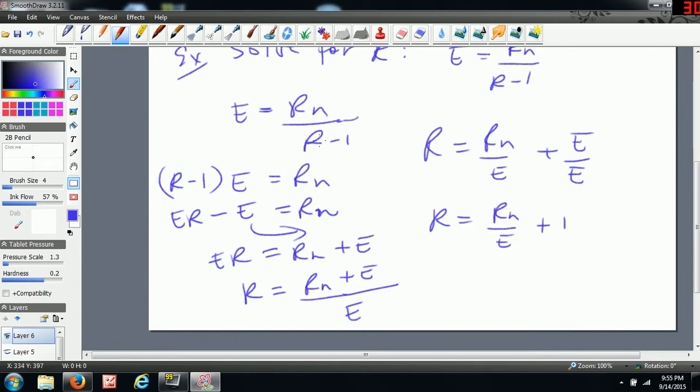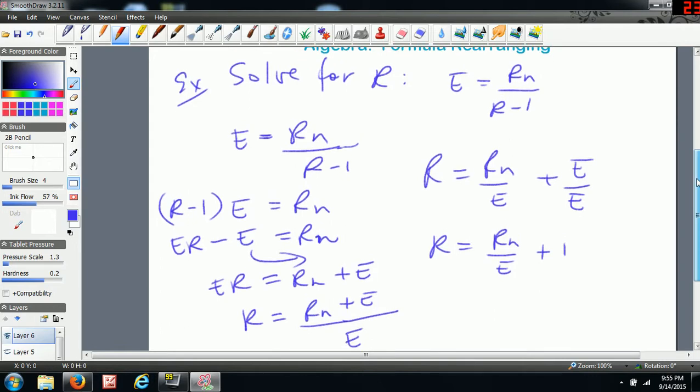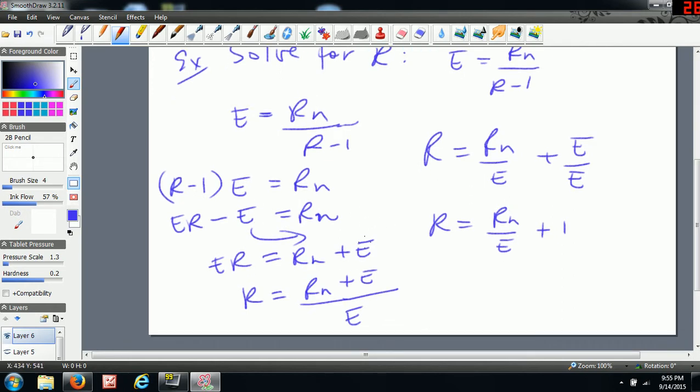Okay, so just want to see here if I solved correctly. So we were solving for R. Okay, so we multiplied by R minus 1, that's correct, and then bring it in here. Then bring the E over to the other side. Then divide everything by E, which got the following. Yep, so that looks good.